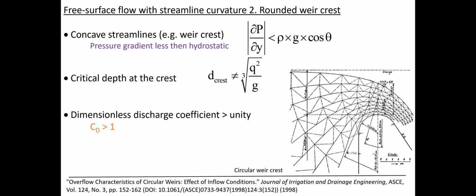The water depth at the crest of the weir is critical, but its value differs from the expression cubic root of q squared over g, where little q is a unit discharge, which is valid only for hydrostatic pressure. On such a circular weir, we can also show, theoretically, that the dimensionless discharge coefficient is greater than unity, unity being the value for a broad-crested weir.